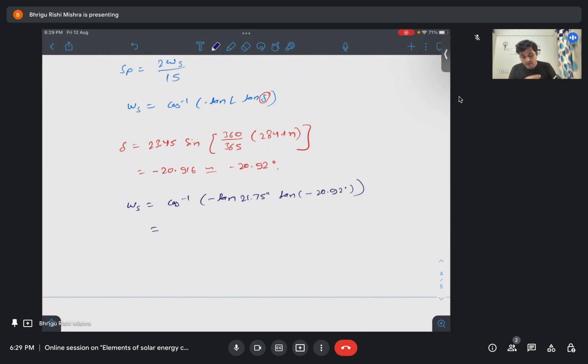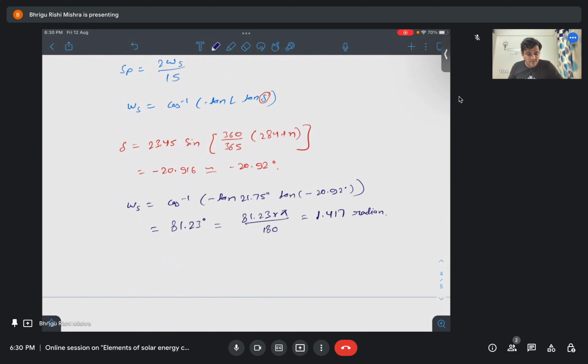If we calculate this value, it turns out omega s is around 81.23 degree, and if we convert it into radian, 81.23 into pi by 180, with pi as 3.14 divided by 180, it is around 1.417 radian.